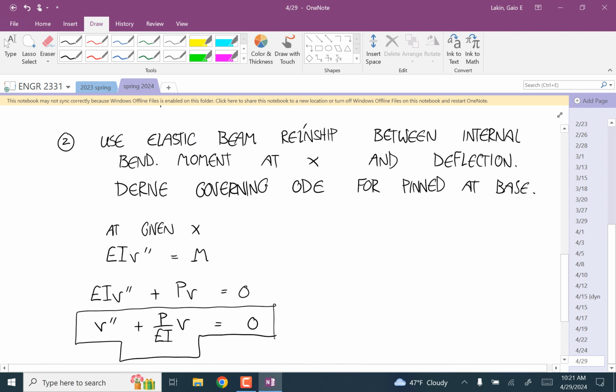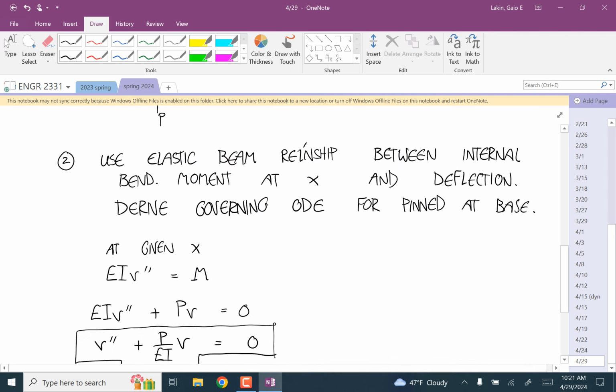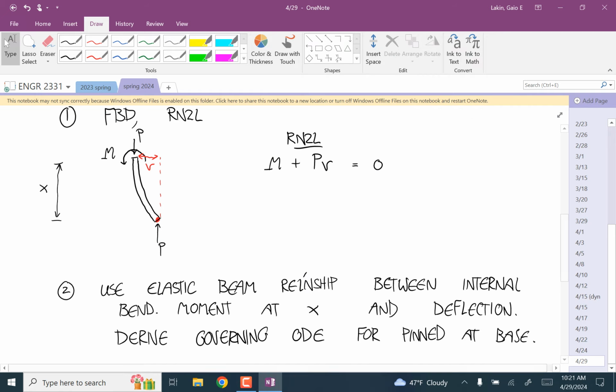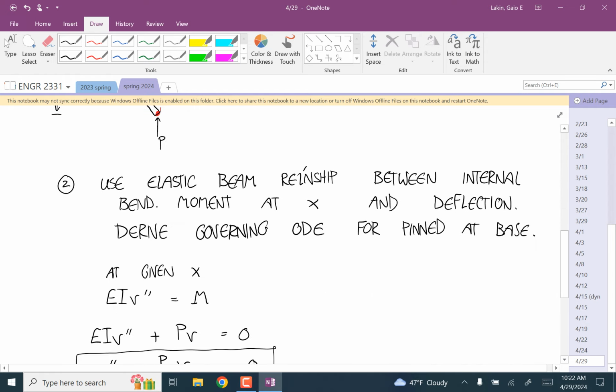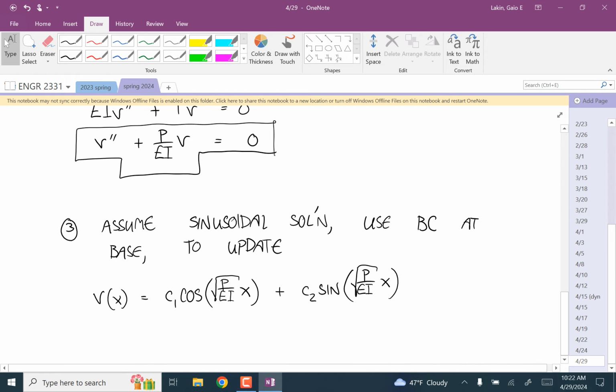So EI V double prime goes in place of M, and then divide everything by EI. Okay.